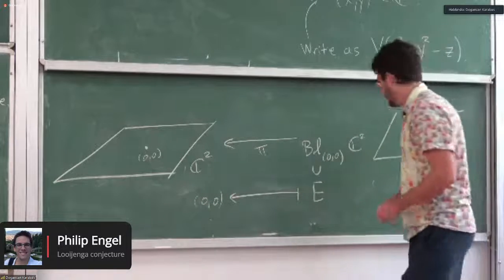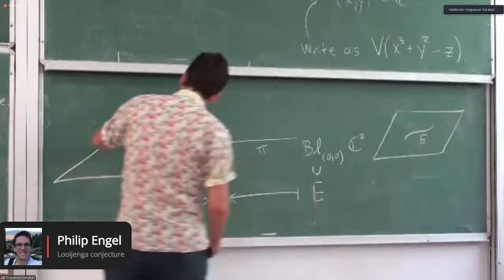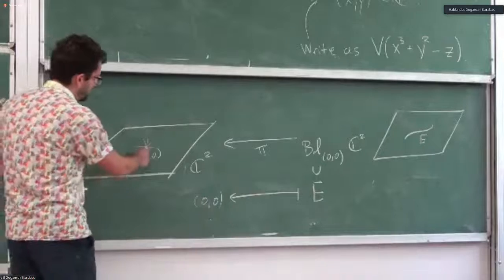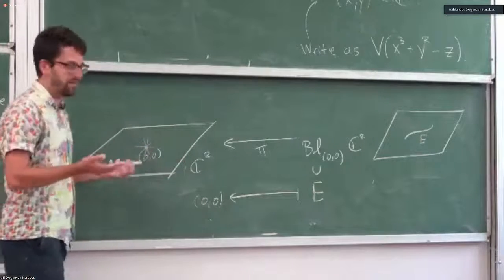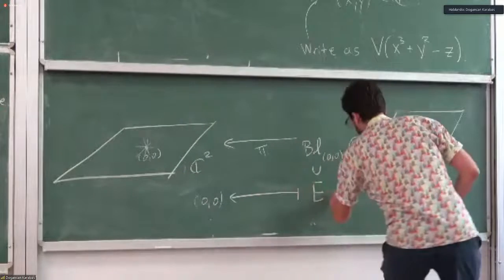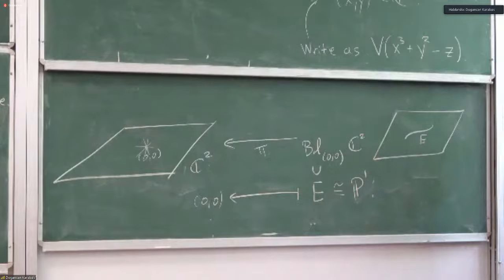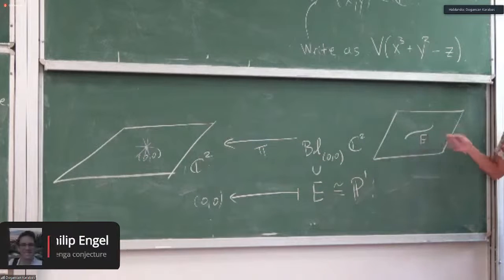And what is E? E records all directions through this point, right? So the set of directions through the origin in C2 is identified with CP1. So we've just replaced the point with a line.